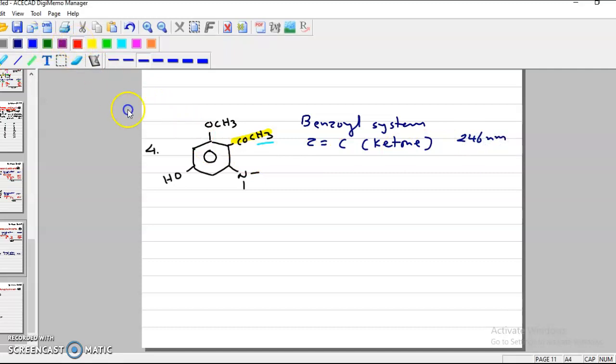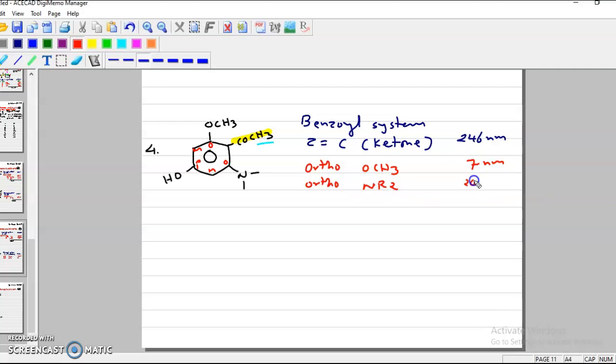So first of all, find out which one is ortho? These two are ortho carbon, then meta carbon, and then para carbon. So at ortho position, we have OCH3 group. When ortho is having OCH3, we add 7 nanometer. One more substitution at ortho, that is NR2, NCH3 twice.